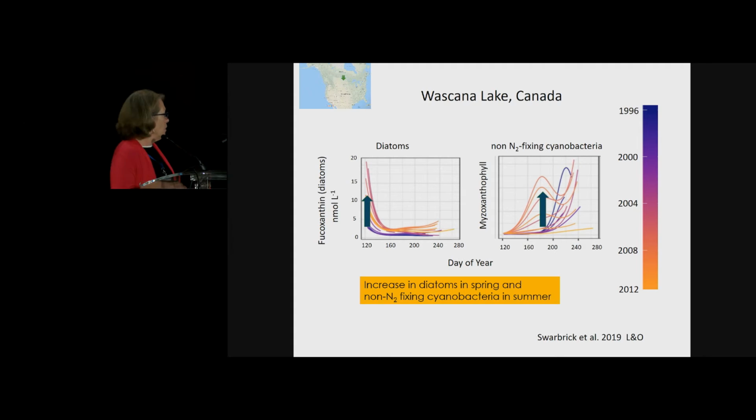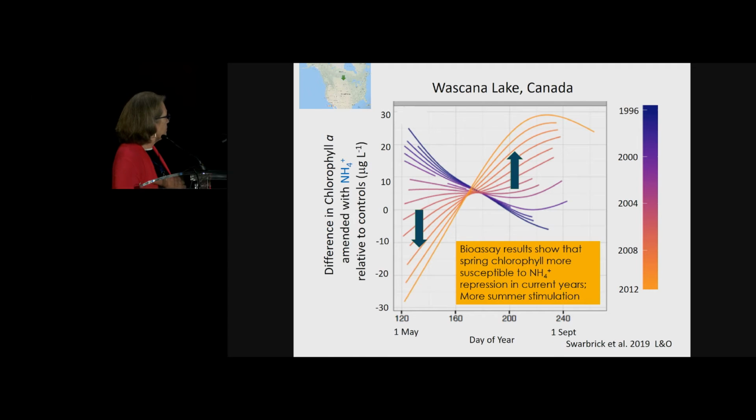So what about the ammonium enrichment bioassays? Shown here is the percent change in the chlorophyll relative to control, the amended chlorophyll relative to control. In the 1990s, adding ammonium in the spring led to a 20 to 30% increase in productivity. So these were nitrogen-limited systems. In the summer, in the 1990s, very little change.